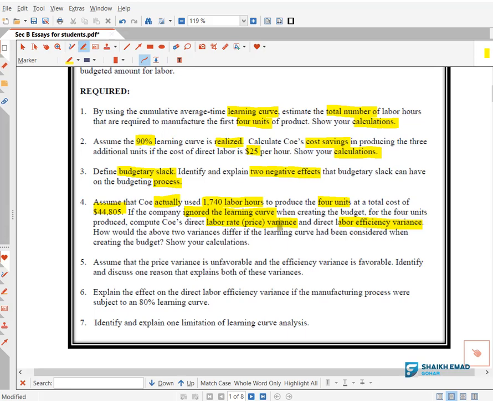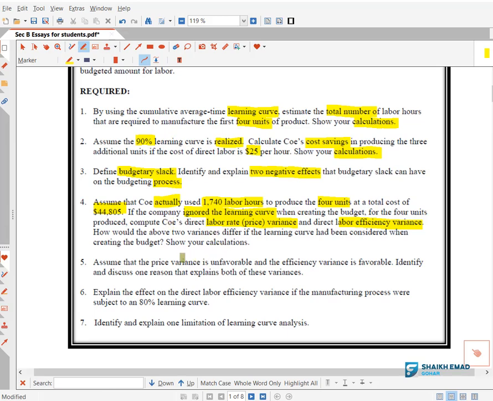Variance comes in section C of your syllabus, which is performance management, sorry. But to show you here, in the same essay question, they can target different areas of your syllabus. They have given you 3 requirements from section B, and the 4th one is coming from section C. Getting it? But we will not leave it. We will do it right away because it is not so difficult, and I will also guide you how to solve it.